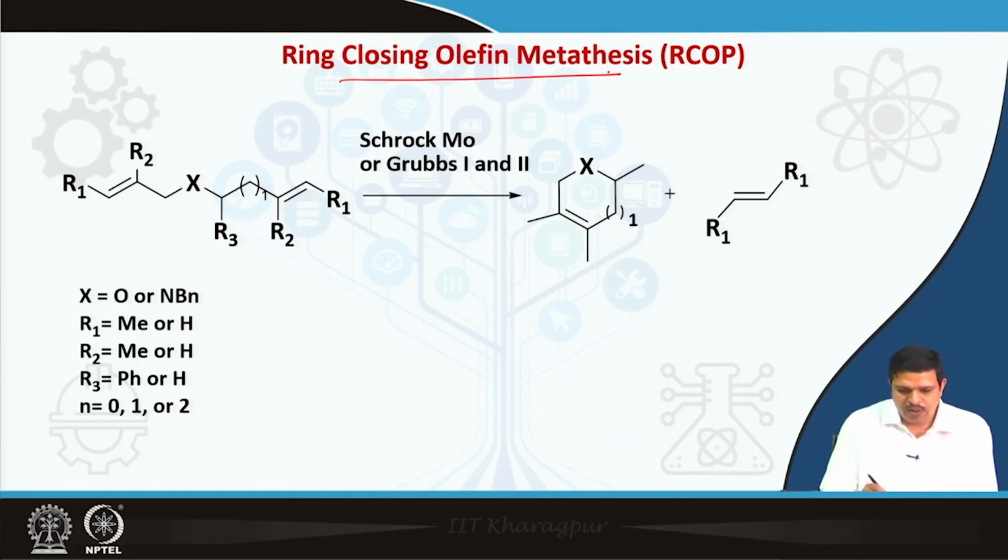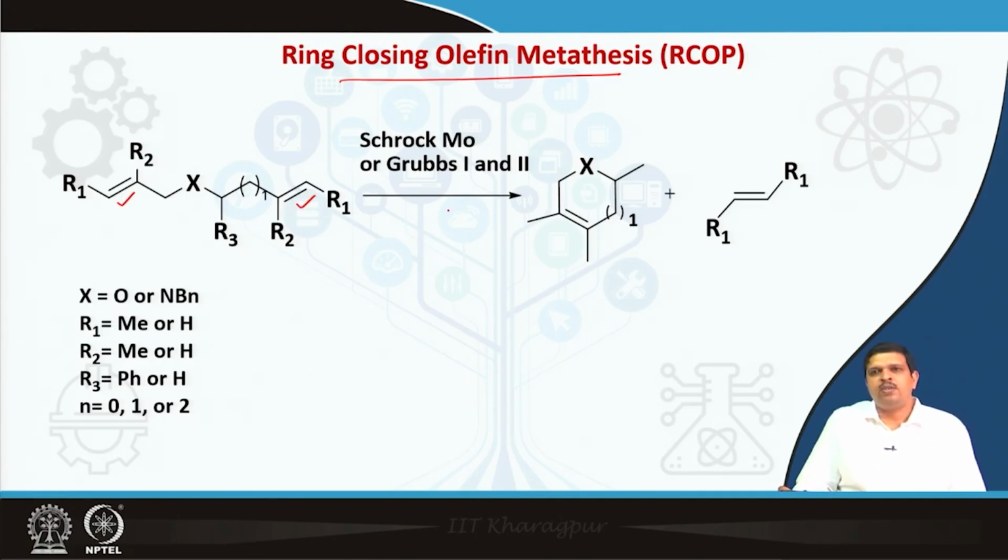So here you will see that this alkene is basically threaded by using the catalyst. This kind of reaction is called ring closing metathesis.